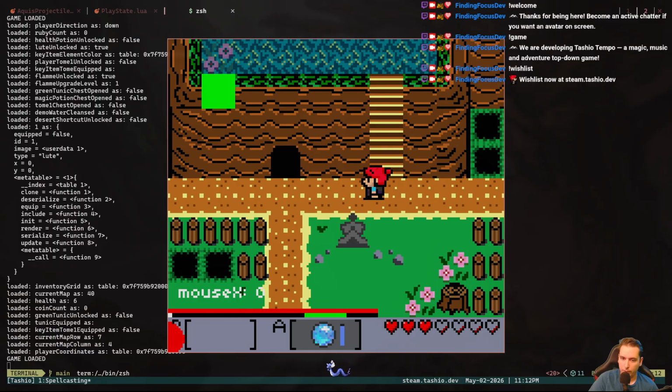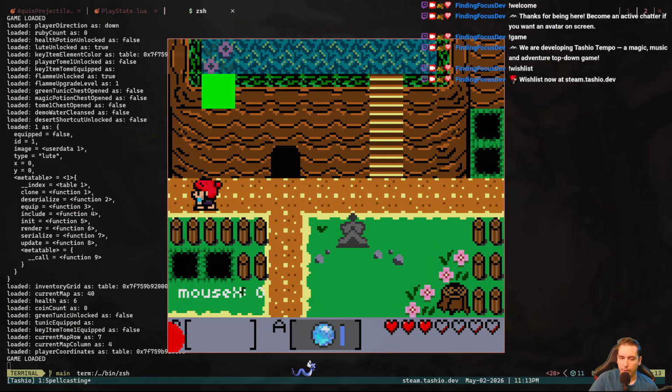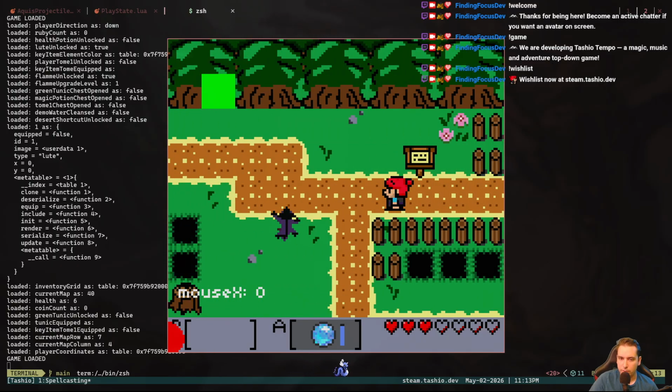Level 1 Aqueous is this big, and we're trying to figure out how to do collision for the entities so that we can actually trigger a splash on the geckos like this.